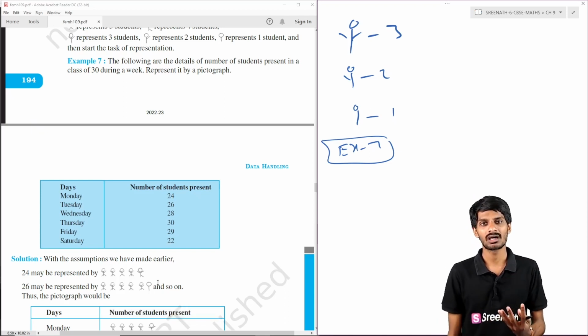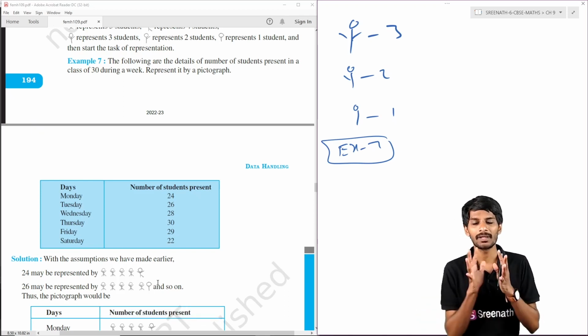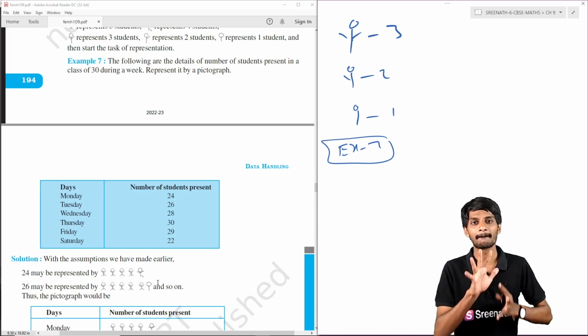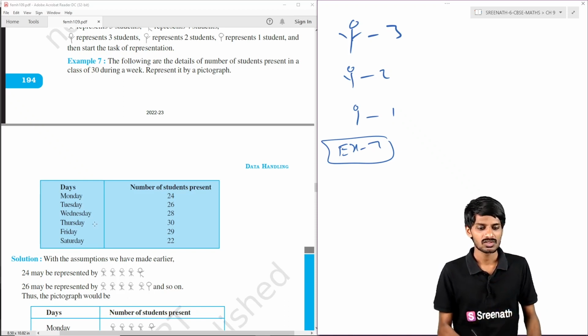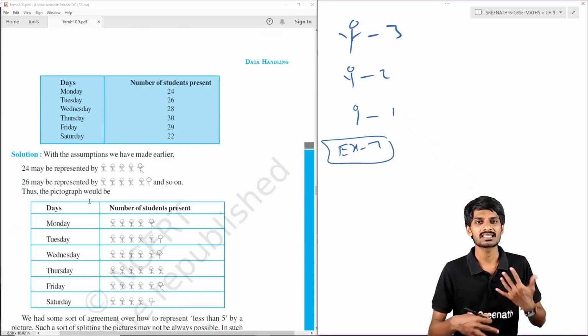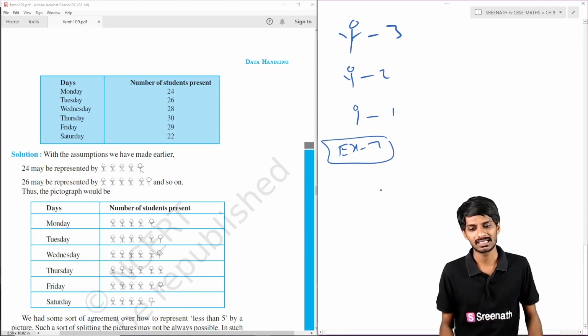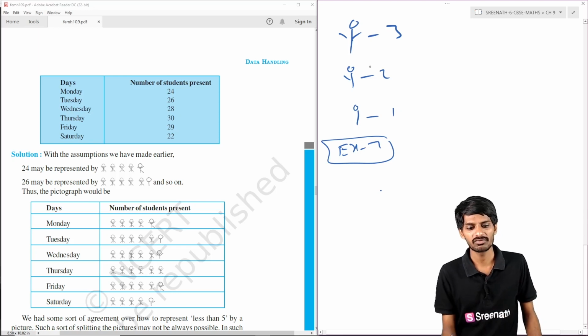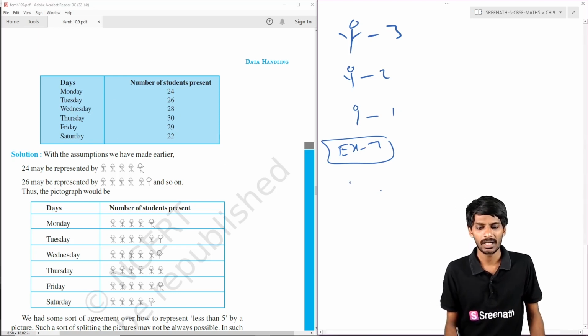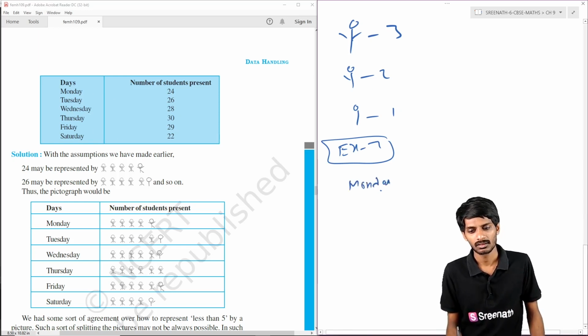So we have to convert this information into a pictograph. With the previous assumptions we have made, we can write it simply, students. So for Monday, how many? 24.